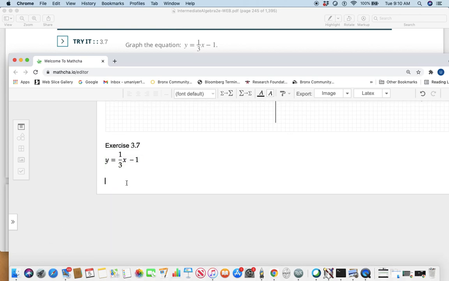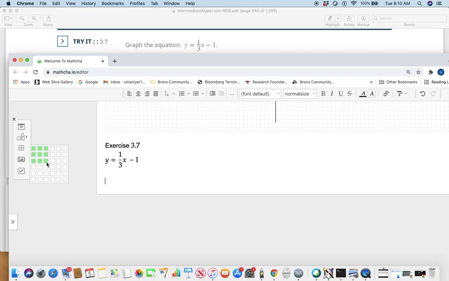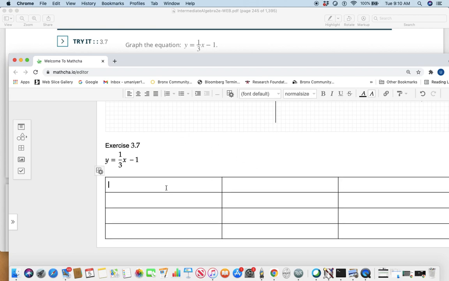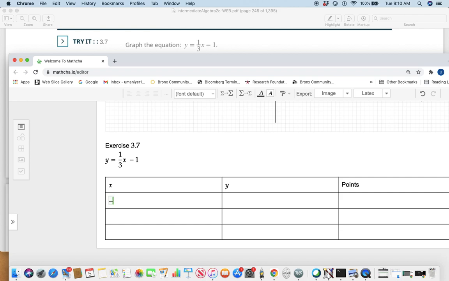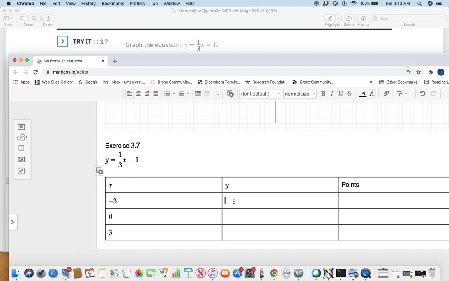All right, so first we'll look for points. You need x coordinate, y coordinate, and points. X coordinate, because that's a 3, I will just take some multiples of 3. So -3, 0, +3. Okay, just so that 3 will reduce it.